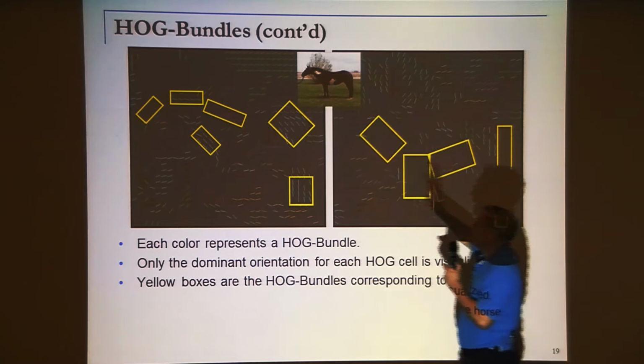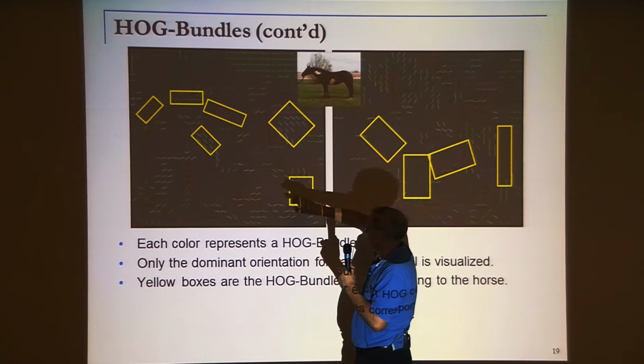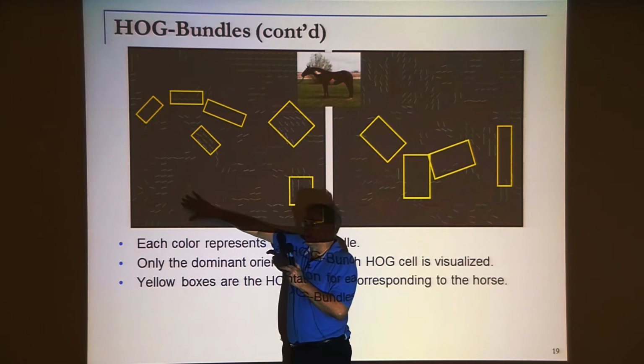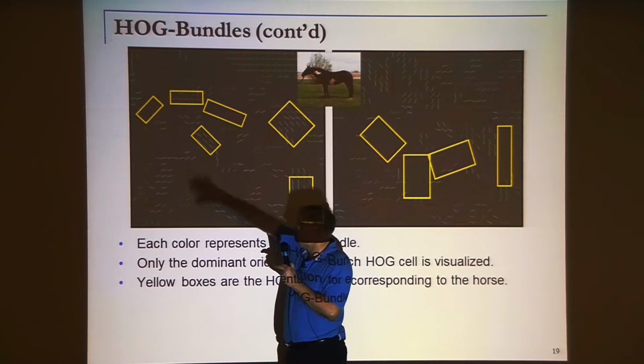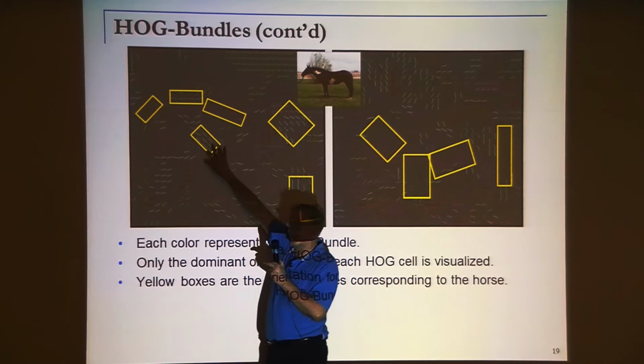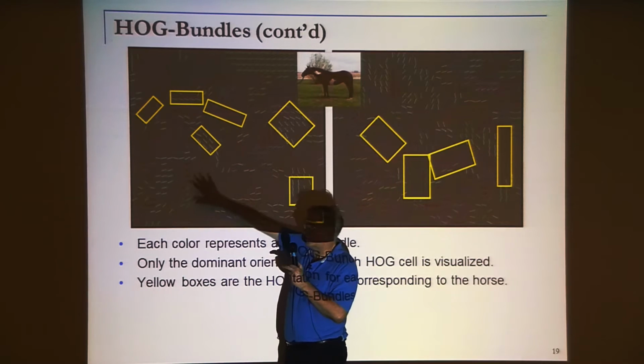So your images now would be processed by computing Hogs, and then you would group them into Hog bundles. And these were few Hog bundles, special ones, because they were ones that the model learned, and they correspond to the horse, obviously, and these ones do not.